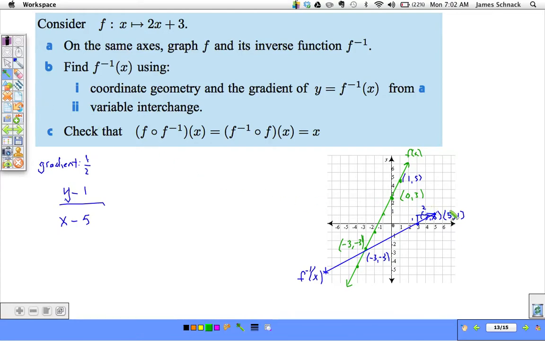All I'm doing is I'm using that point. I should be able to take any other point for x, y, and get a slope of 1/2.